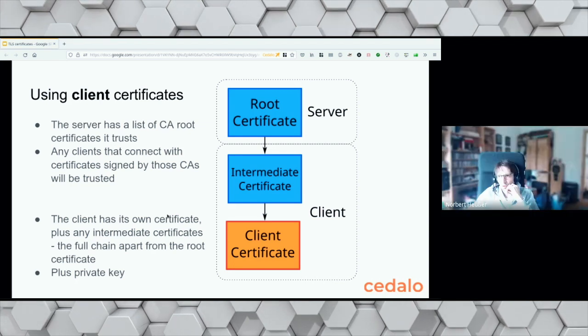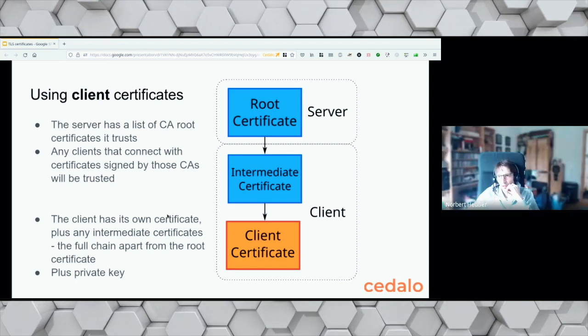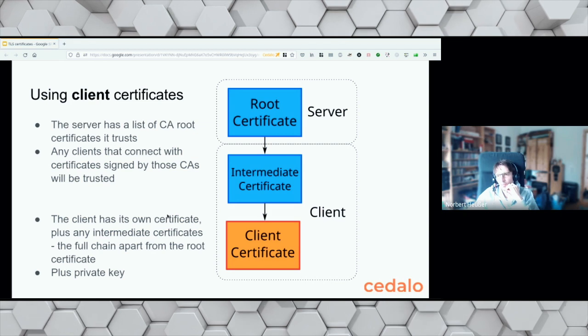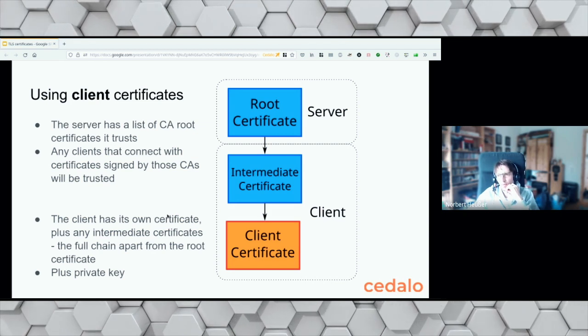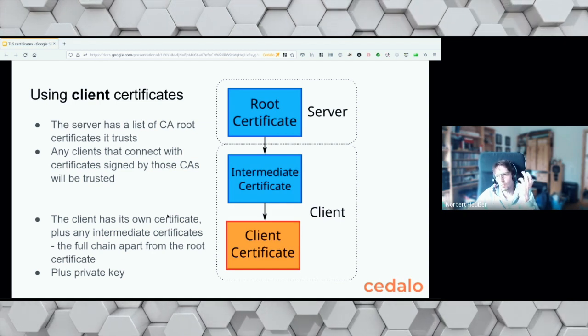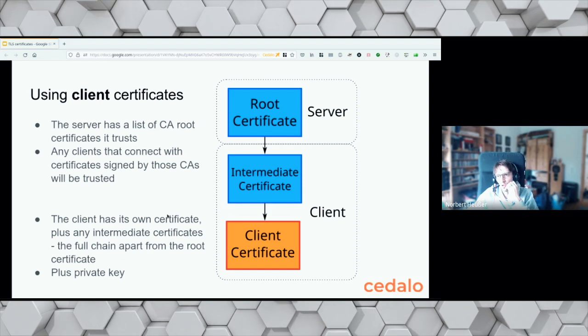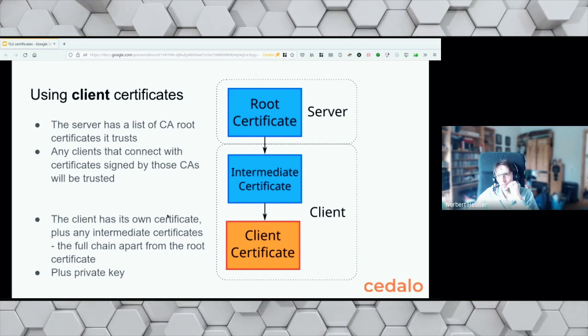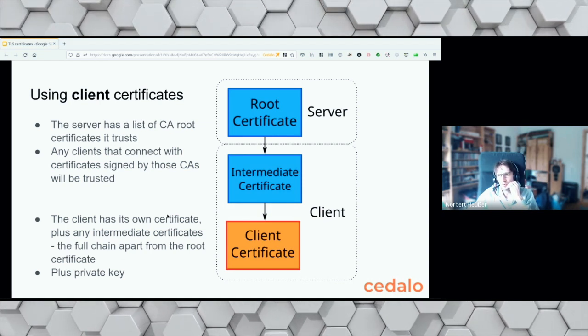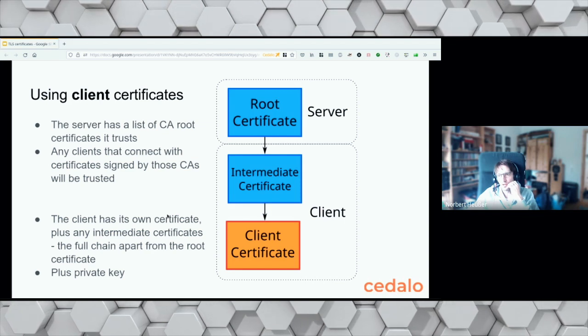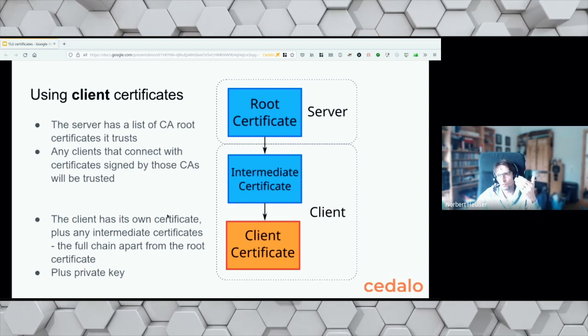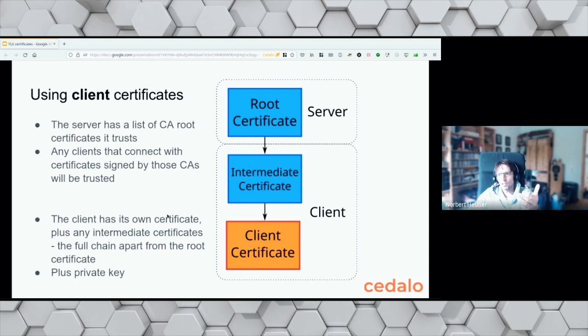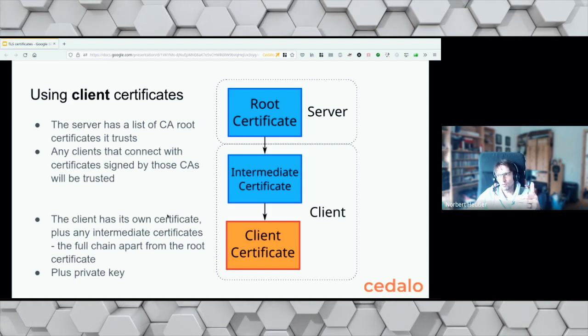Yeah, what I've also seen in the past, and that's for example what Microsoft is using in Azure IoT, is that you do overlapping validity using different intermediate certificates. So you have a very, very long living root certificate, and then you create an intermediate certificate which is valid only for a year.